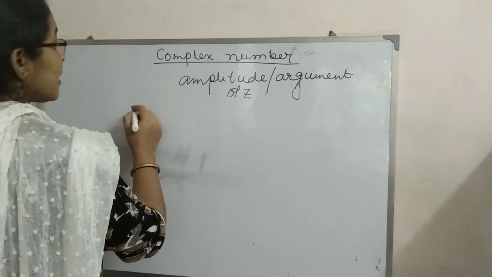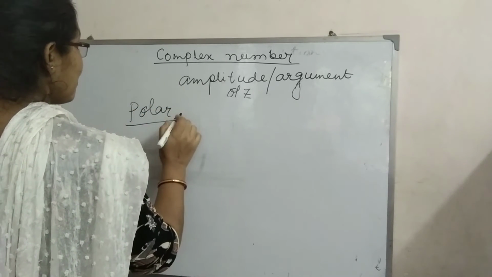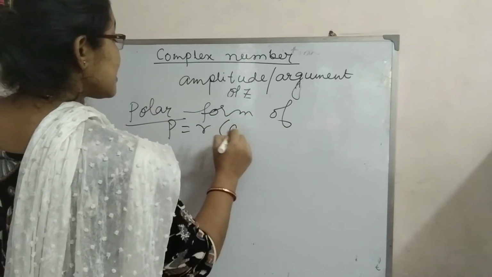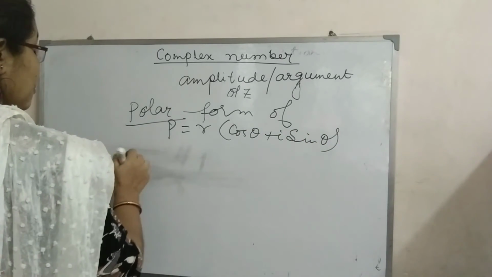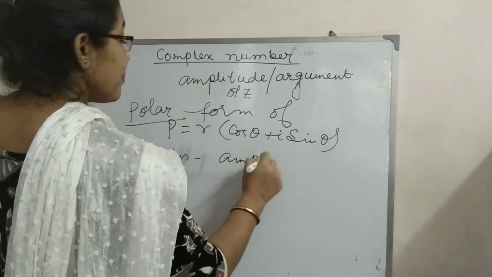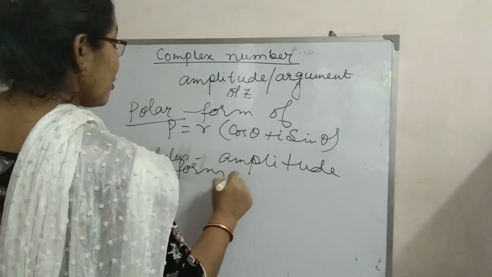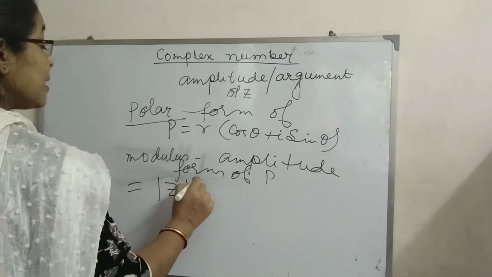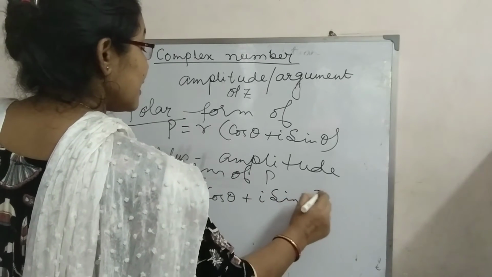But now I will write the polar form of P equal to r (cos theta plus i sin theta), and the modulus amplitude form of P equal to mod z (cos theta plus i sin theta).